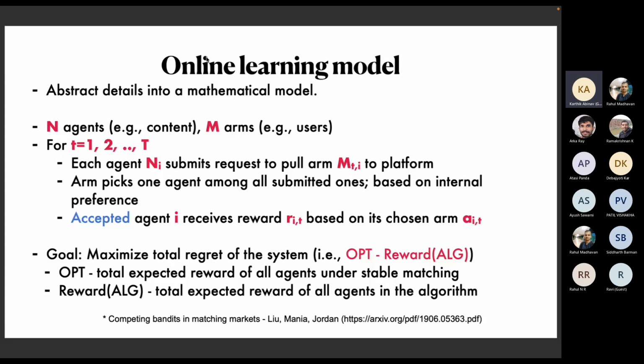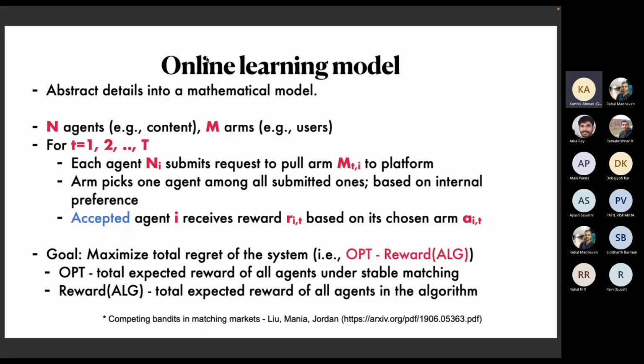So you have repeatedly an interactive game. At each step, each of the agents submits a request to the platform saying that agent n_i would like to pull arm m_t^i at time step t, right? And then after all the requests are obtained, the platform gives these requests to the arms.